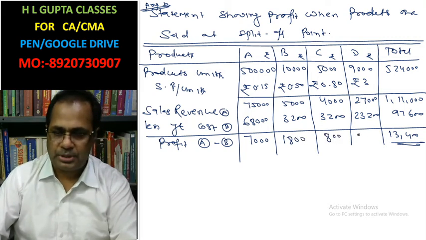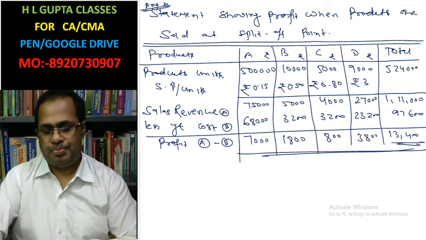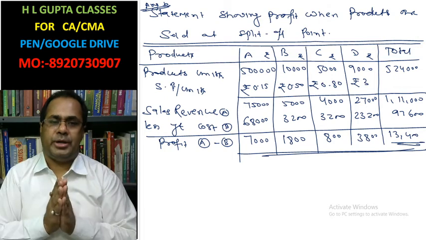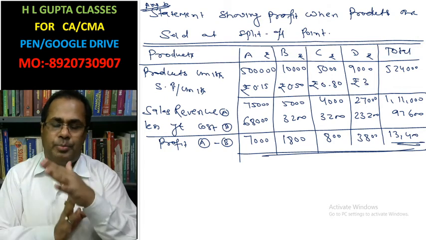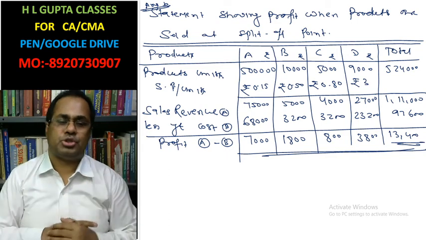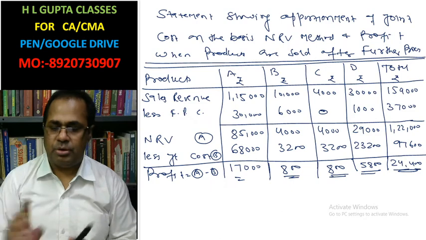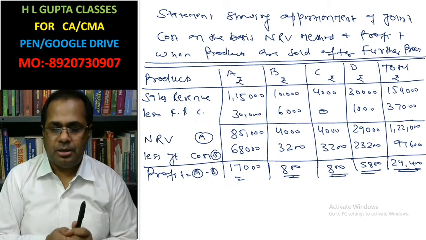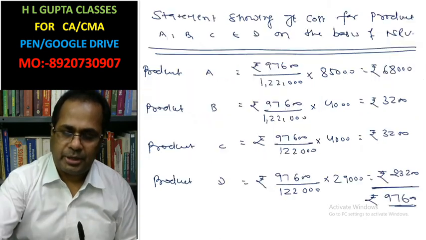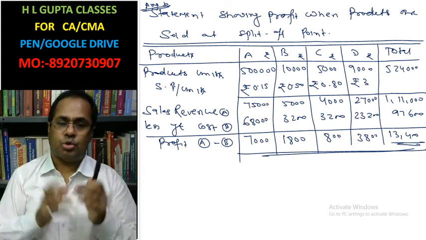This profit is 3,800. Now we have calculated profit from each product when products are sold after further processing, and here we have calculated profit when products are sold at a split-off point.